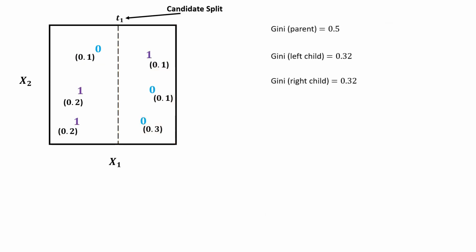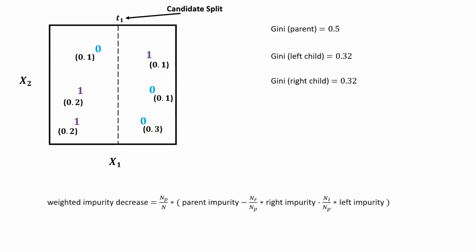All that's left to do now is to calculate the weighted impurity decrease to see how good the candidate split was. The formula for weighted impurity decrease is the number of samples in the parent node over the total number of samples. This quantity is multiplied by the parent impurity minus the weighted right and left impurity.